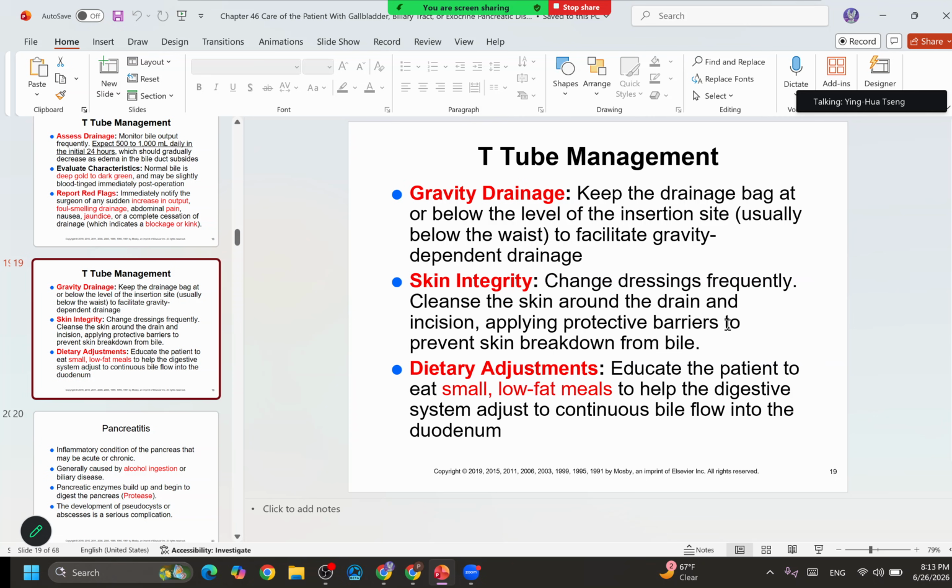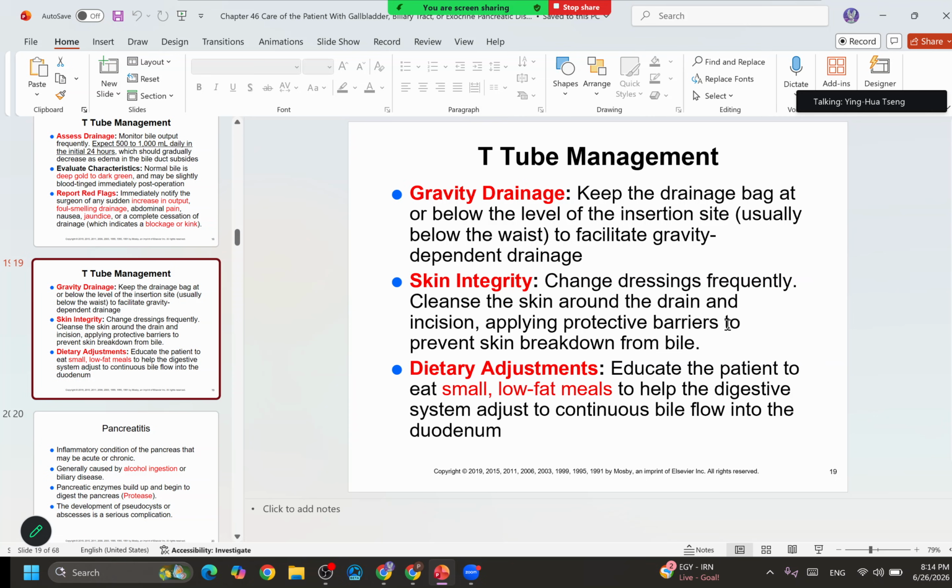All right. So of course it's a T-tube. Usually we want your gallbladder to take a holiday, resting, so we do not over-trigger. So the diet adjustment is the same: a small, low-fat diet. They don't eat a lot of food at one time anymore. If this patient has a gallbladder problem or a small intestine problem like an ulcer, they cannot go to a buffet.